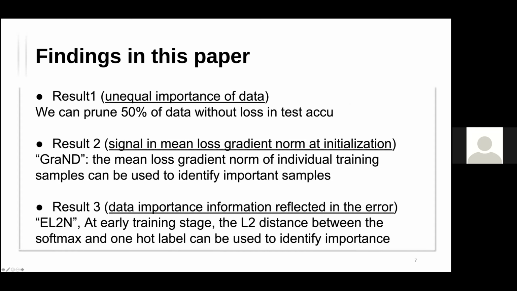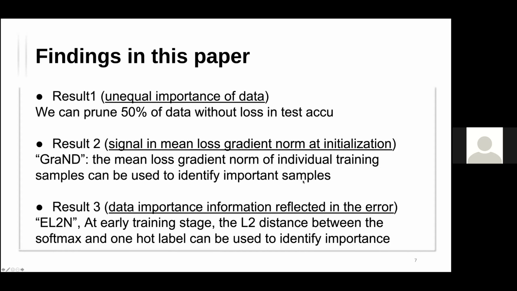Yeah, and this paper has three results. The first result is that they can prune 50% of data without loss in test accuracy, which means there is an unequal importance of data. The second result is that they investigate the mean loss gradient norm. By using this score, they can identify important samples.